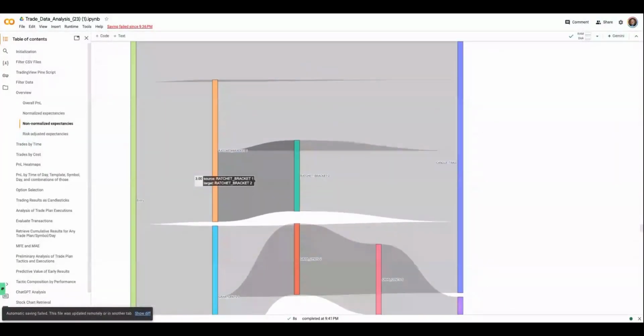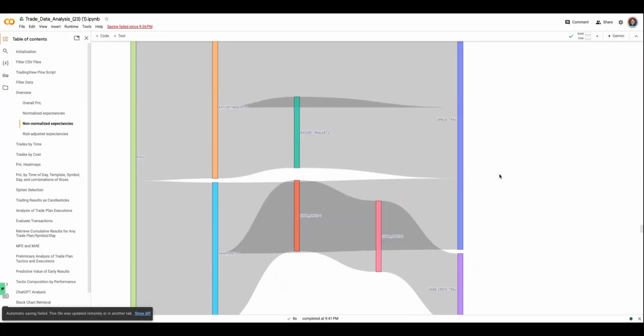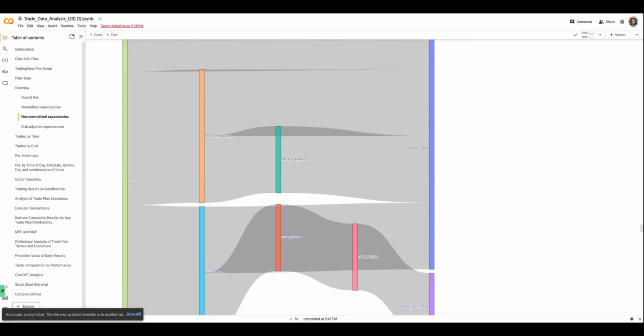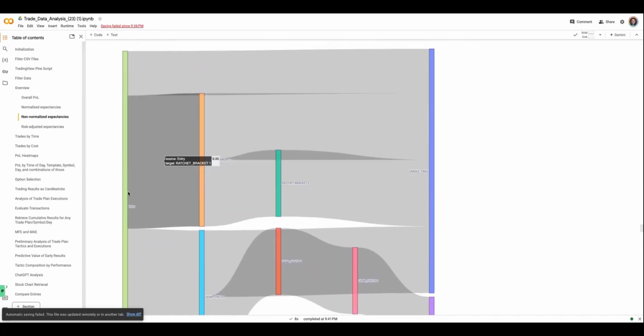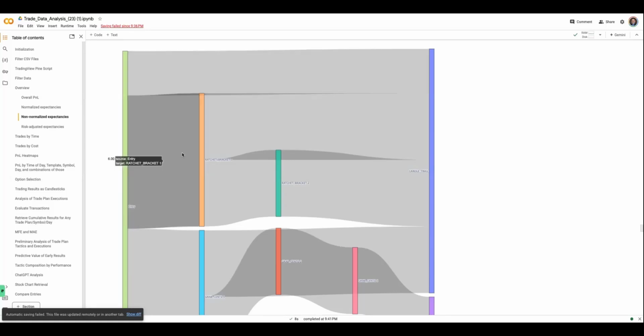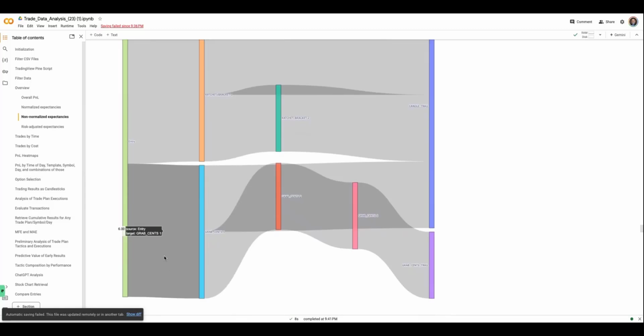Now this shows the way all the different trade plans played out. So we have 14 entries altogether, and there are 3 ways that the entries can go. They can go here to the candle trail, and 2 of them ended up going straight to candle trail from entry. 6 of them went to ratchet bracket 1, and 6 of them went to grab sense 1.